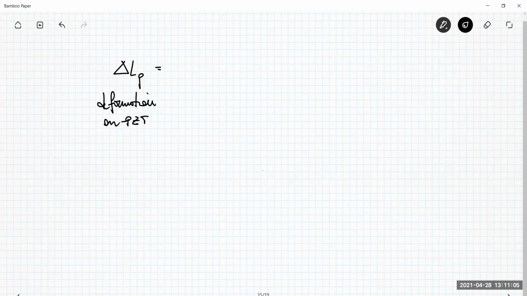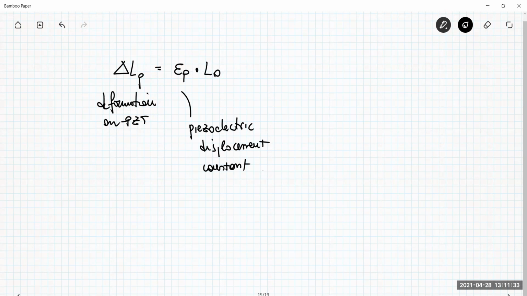It can be shown that this deformation is given by the product of a quantity called the piezoelectric displacement constant, multiplied by L0, which is the dimension of the crystal without any external voltage or electric field excitation, so the rest length of the material.